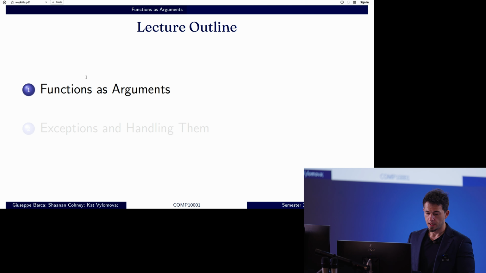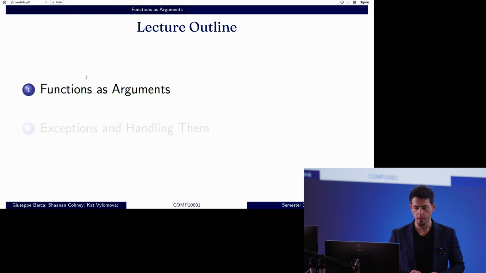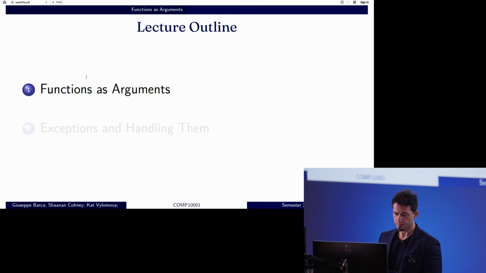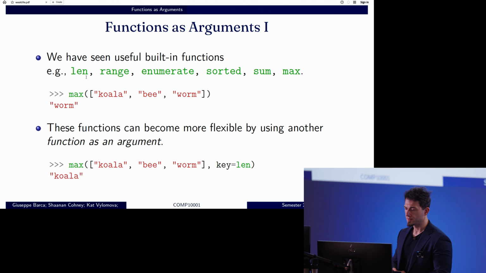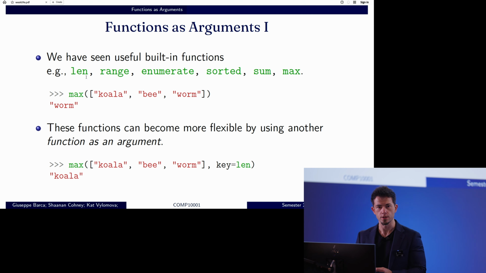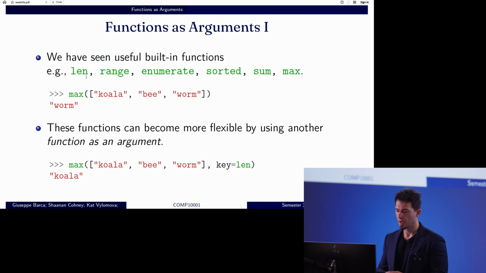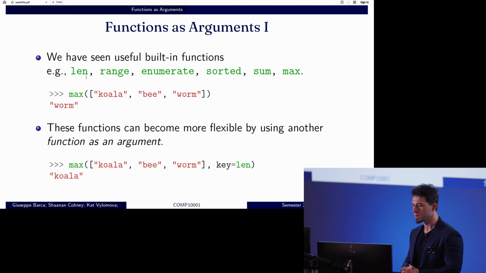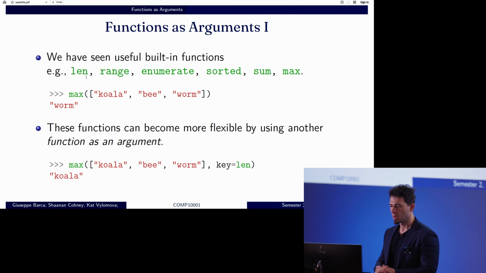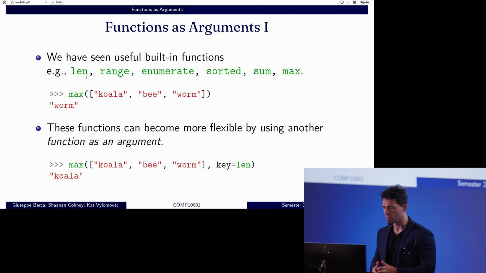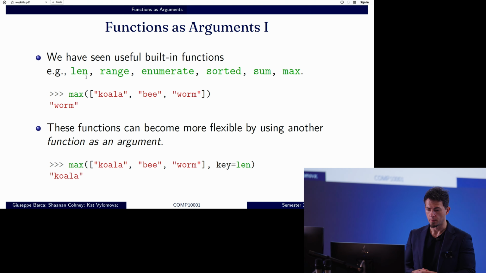Okay, let's get into our first big topic today, which is functions as arguments. You have seen already a number of useful functions that we've been using in Python, and here there is a list of some of them we've been using frequently: len, range, sorted, sum, max, maybe a little bit less, maybe you didn't come across enumerate, but they're all built-in functions, right?